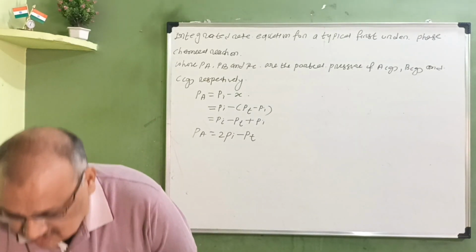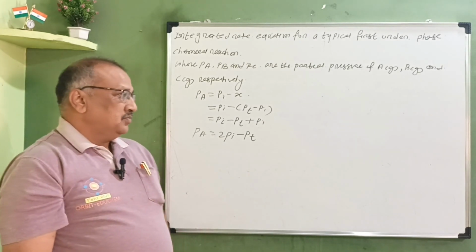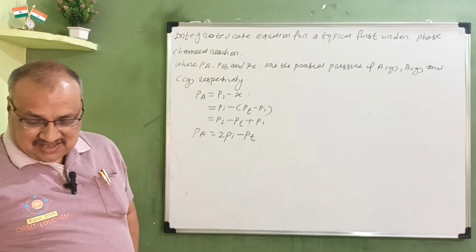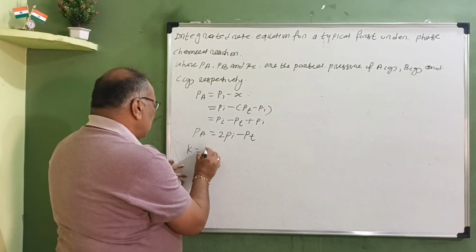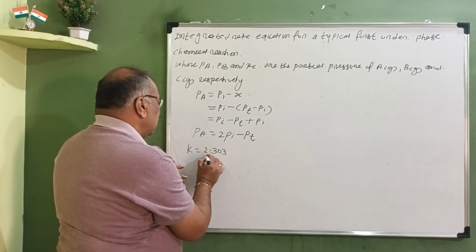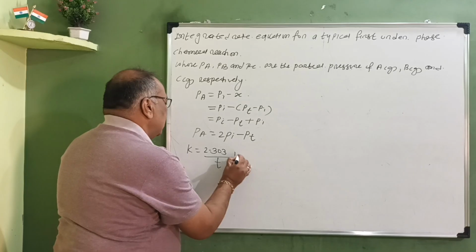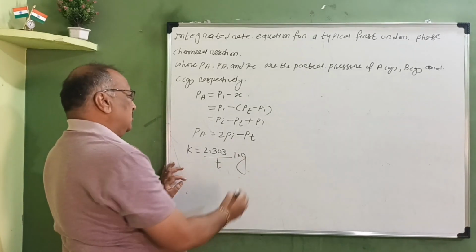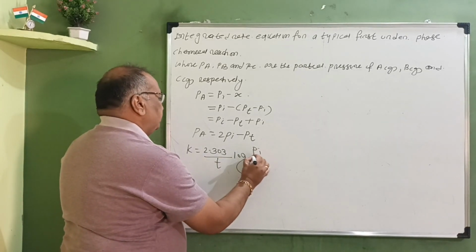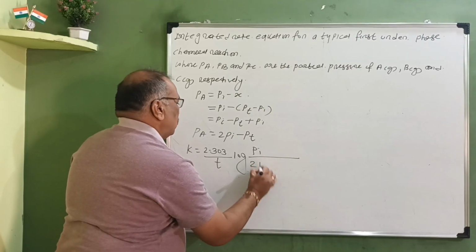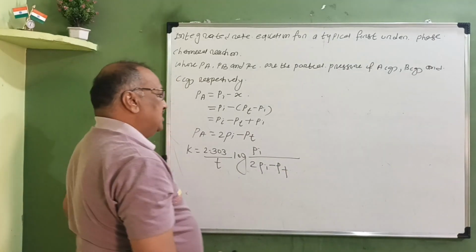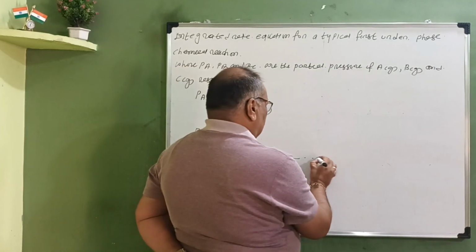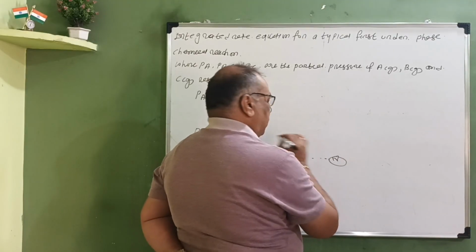Now substitute this value of PA in equation 3. We get k is equal to 2.303 upon t log of Pi upon twice Pi minus PT. Here this is your equation number 4.